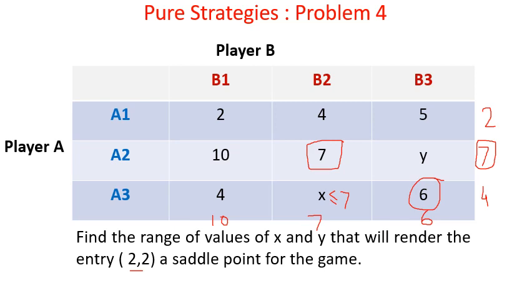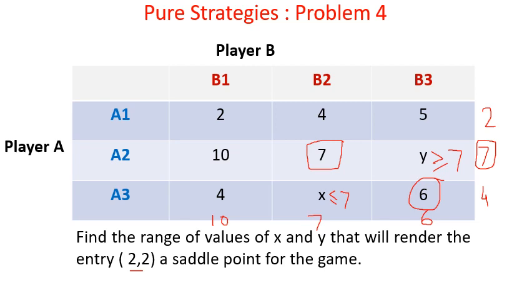Similarly, here y, if this has to remain 7, it can be either equal to 7 or greater than or equal to 7. Because you are now in this row, you are writing the minimum number. So, if y is less than 7, whatever is less than this particular 7 will come here, and again this will lose the chance of becoming the saddle point.